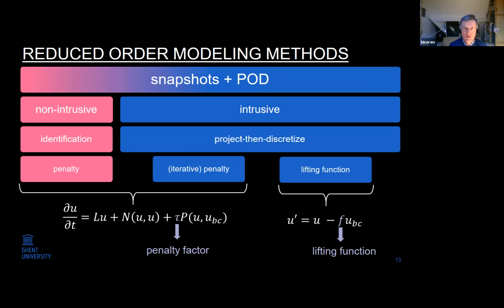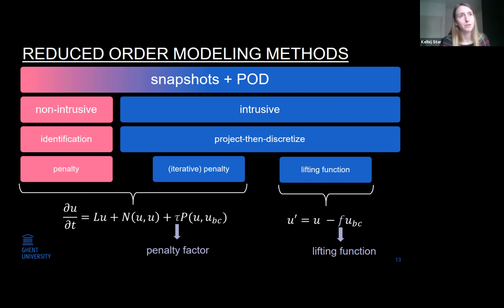And so this approach, which is rather heuristic, is it also the case for the lifting function approach? No, the lifting function approach is more physics-based. You need to take into account, for example, that I'm working with incompressible flow, so your lifting function is more or less also satisfying the continuity equation, for instance.